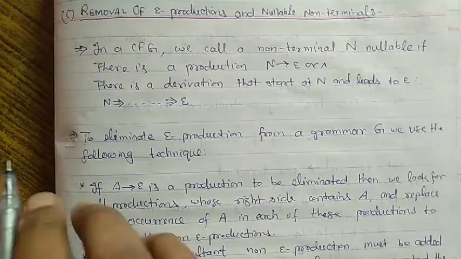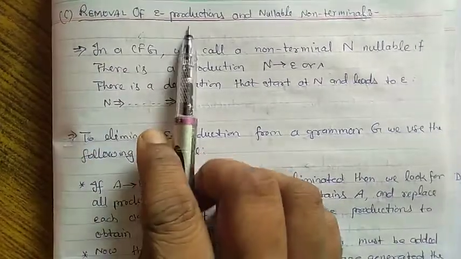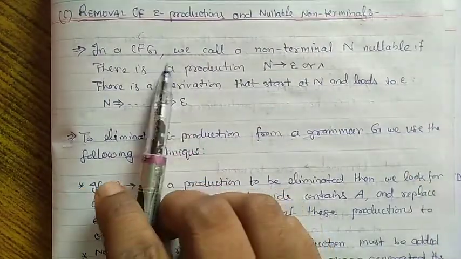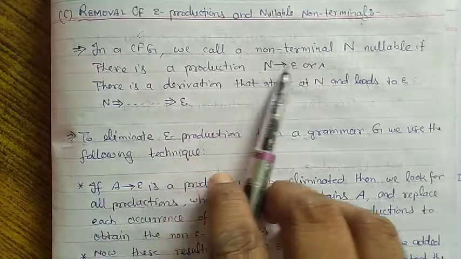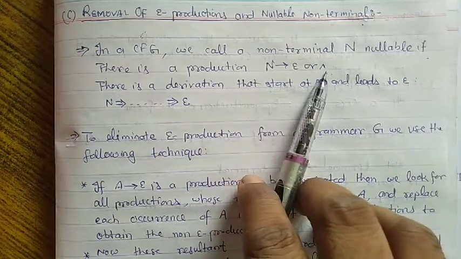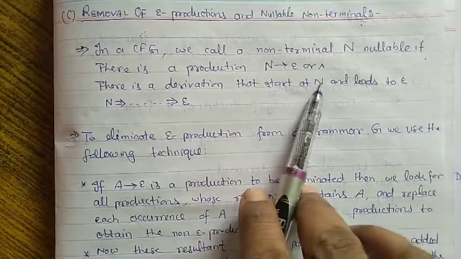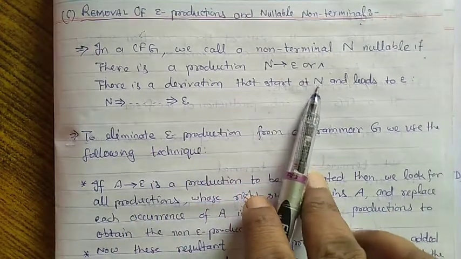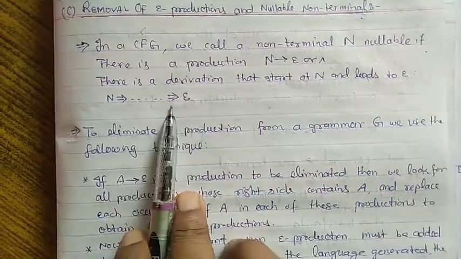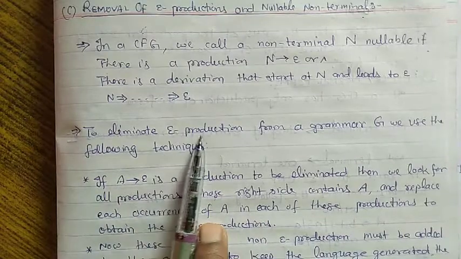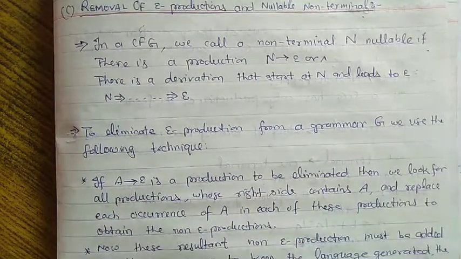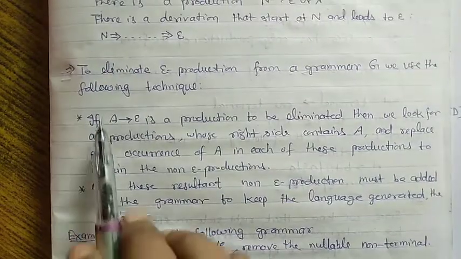Okay, so the third part is removal of null production and nullable non-terminals. In a context free grammar we call a non-terminal N nullable if there is a production N gives null, or a derivation that starts at N and leads to null. That is called a nullable production. To eliminate null productions from a grammar G, we use the following technique.